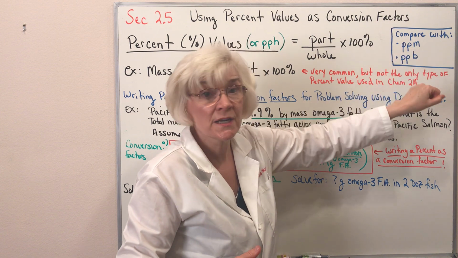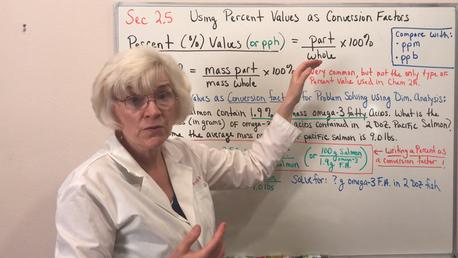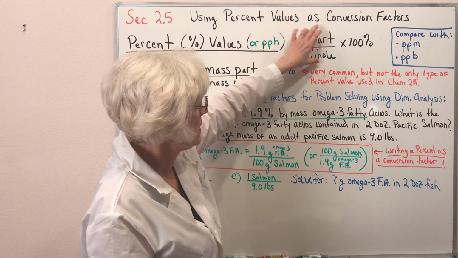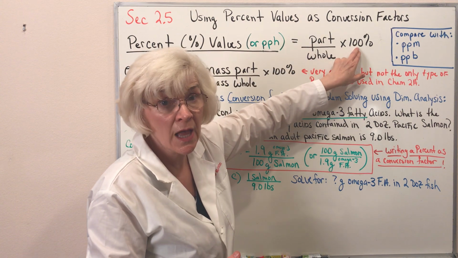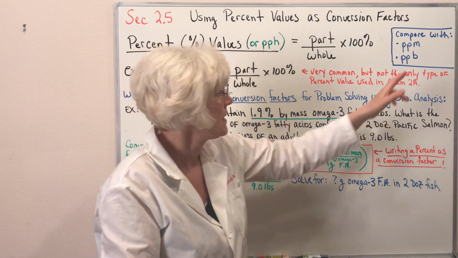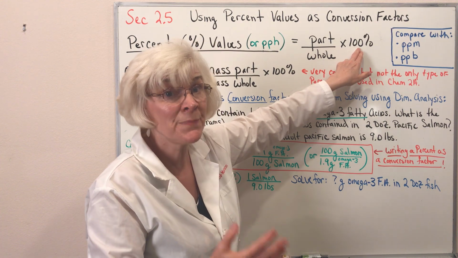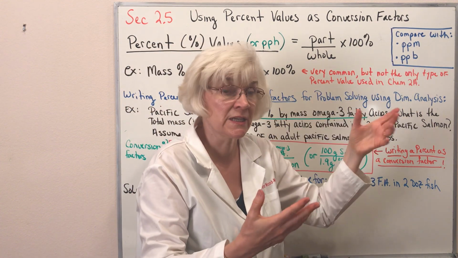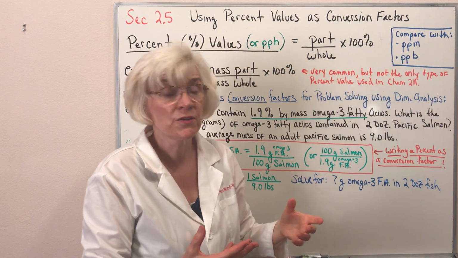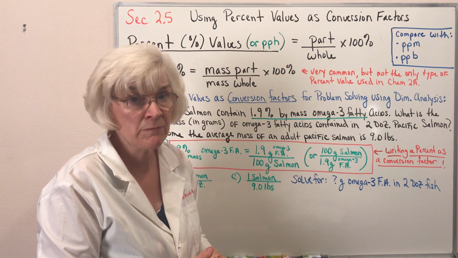These two unit expressions would be found where the ratio of the part to the whole is so small that you either need to multiply by 1,000,000 to get a reasonably sized number, hence ppm, or you would need to multiply by 1,000,000,000 to get a reasonably large number. So ppm and ppb are used whenever the ratio of the part to the whole is very, very small.